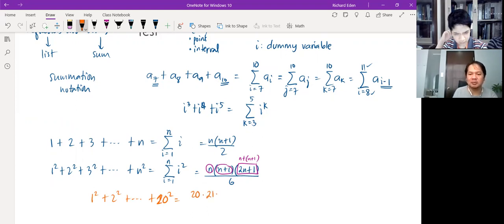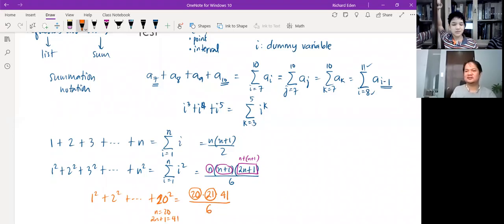And then instead of remembering 2n plus 1, I mean, you could do that with n equal to 20. 2n plus 1 would be 41. But in practice, what I would do is look at 20 and 21. When you add them, you get 41. So that's the third factor. And then divide by 6.